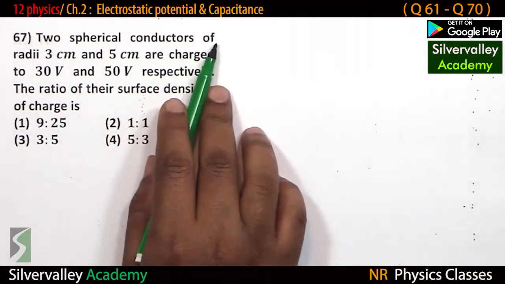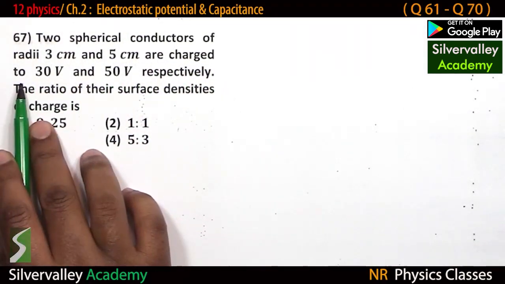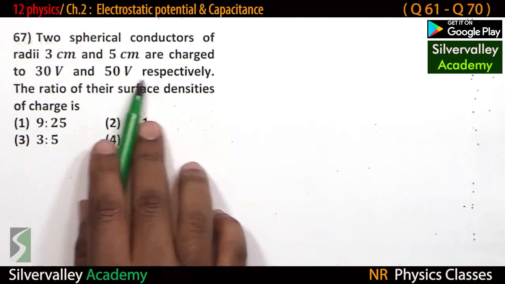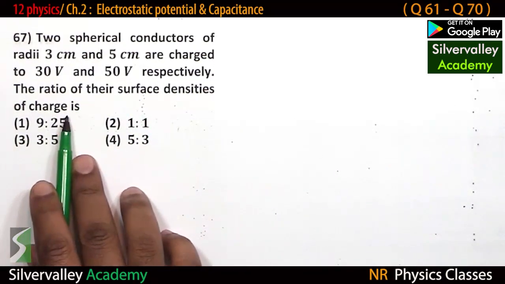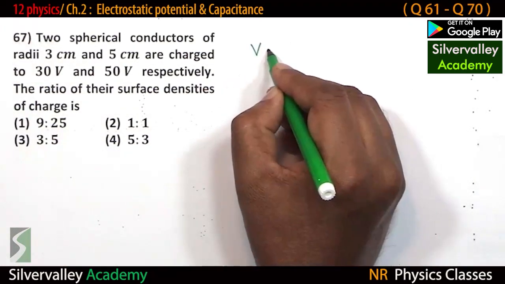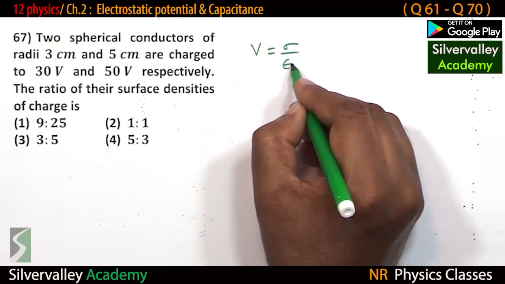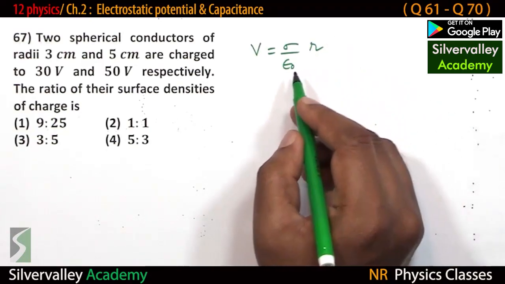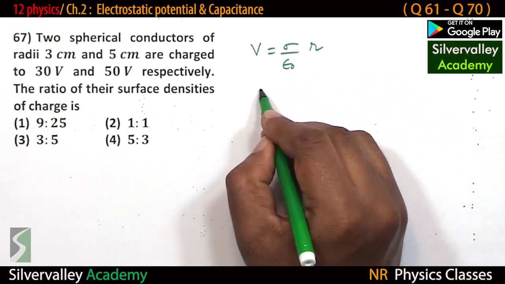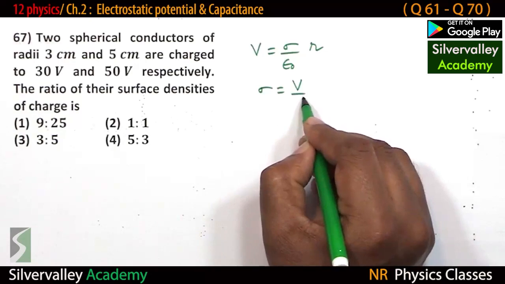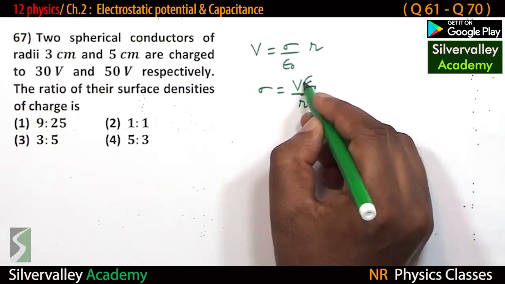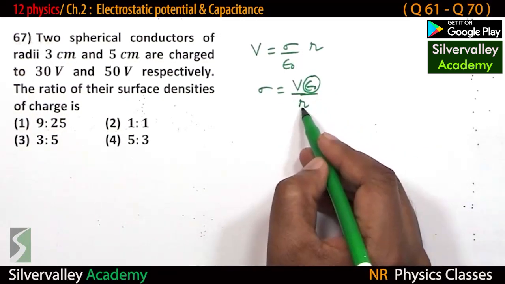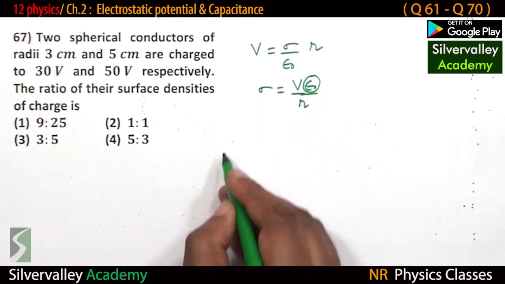Two spherical conductors of radii are charged to 2 voltages. Ratio of their surface densities of charge? Potential is sigma by epsilon naught times R, or sigma equals V epsilon naught by R. Epsilon naught is constant, so potential to radius is sigma.